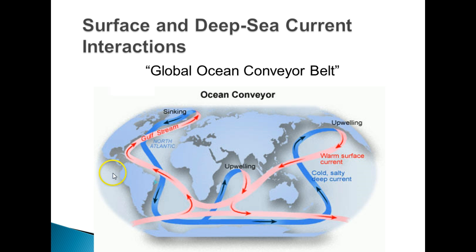So if you can imagine the equator right here splitting the Earth in two, we're talking about movement this way and movement that way. So those surface and deep sea current interactions move water from the warm equator toward both poles.